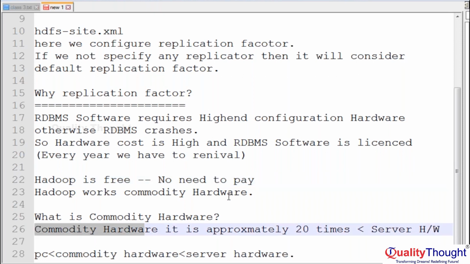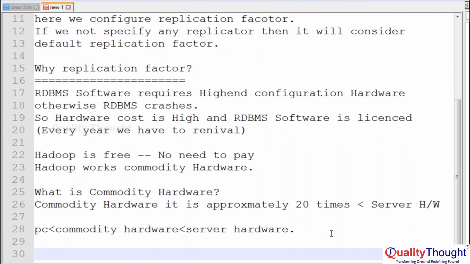This is the advantage of Hadoop. It is cheap hardware with low configuration. Configuration means RAM, hard disk, CPU.